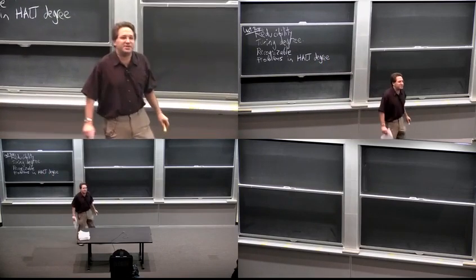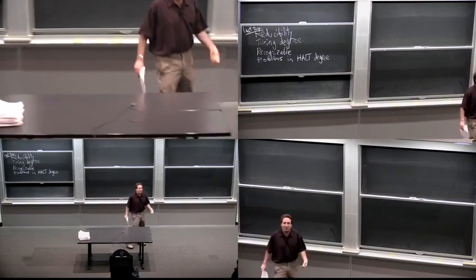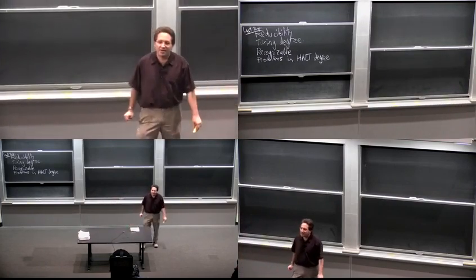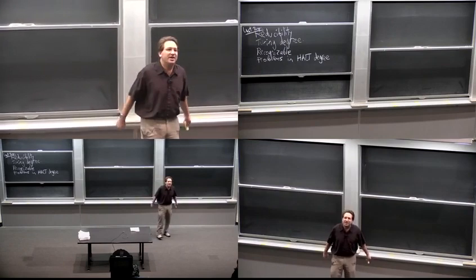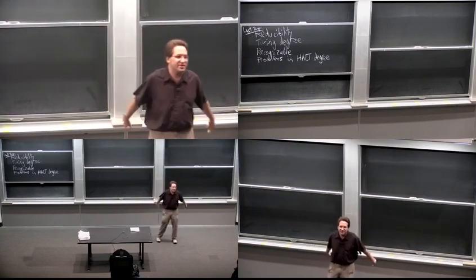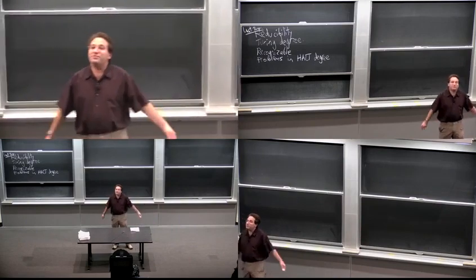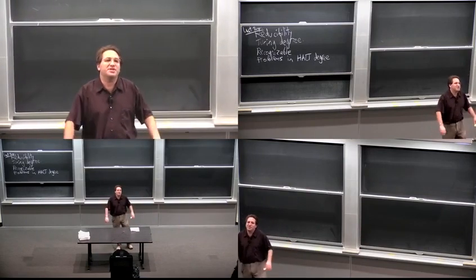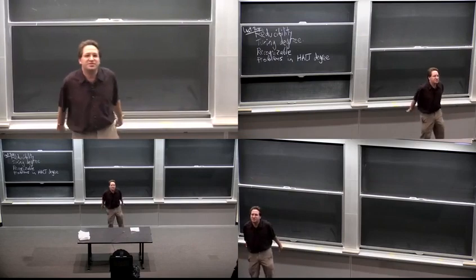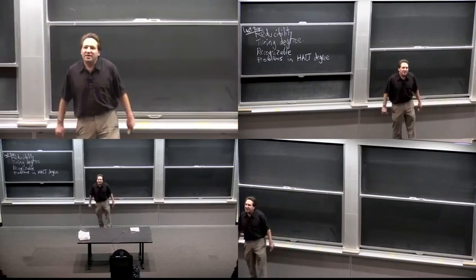So problems that are Turing equivalent to the halting problem. Okay, and there are some very non-obvious examples of such problems. Solvability: I give you an equation and I ask you, does it have an integer solution or not?